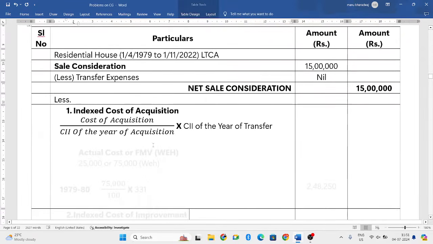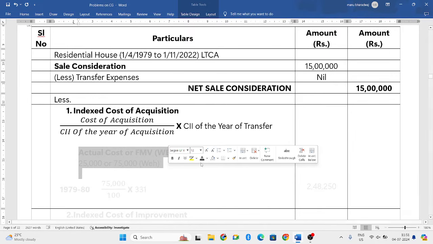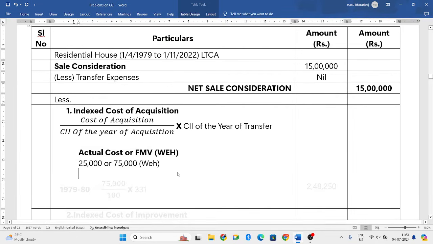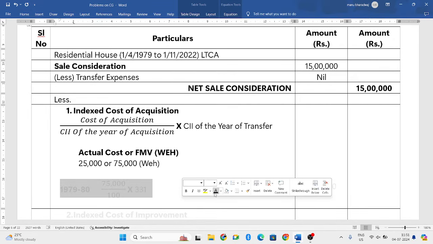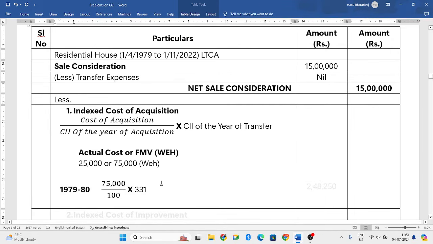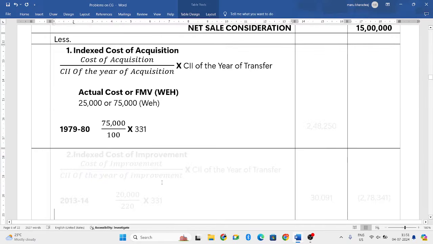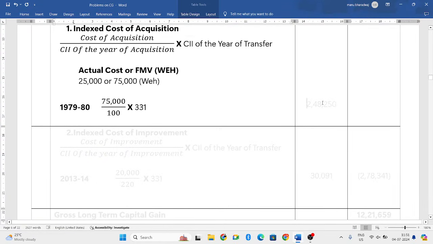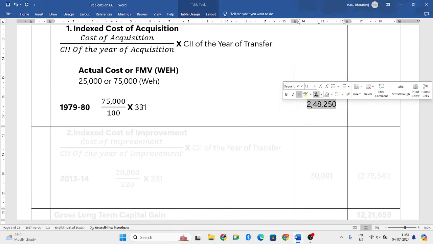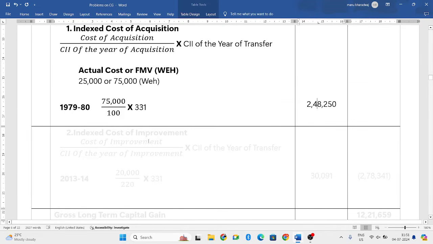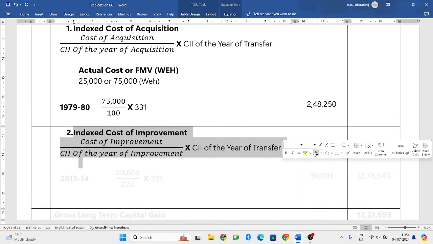Out of these two, whichever is higher should be taken into consideration. 75,000 is higher, divided by 100 for any year prior to 2001. So 75,000 divided by 100 into 331, you get an answer of 2,48,250.